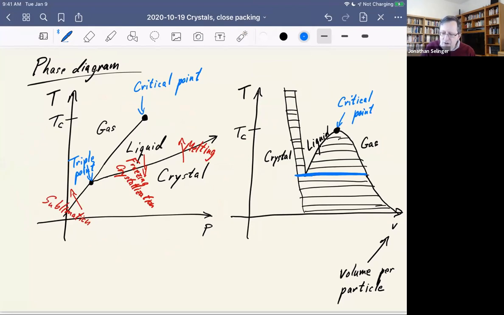This is where you could have coexistence of all three phases, crystal, liquid, and gas. So that's at this triple point temperature, the same as we see over on this side. I'll mark this. That whole line is then the triple point.